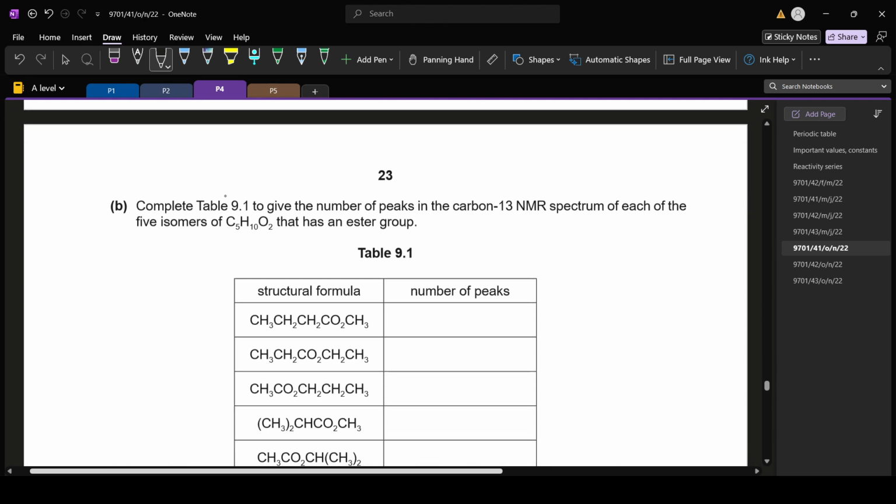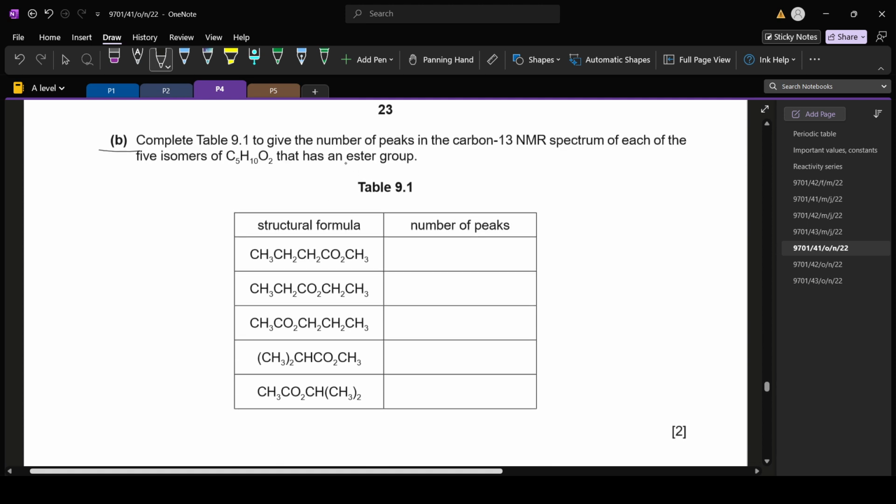Now moving on to part B. Complete table 9.1 to give the number of peaks in the carbon-13 spectrum of each of the 5 isomers of C5H10O2 that has an ester group. So let's first draw the structures of these esters. CH3CH2, let's open this carboxylic group, OH, CH3.